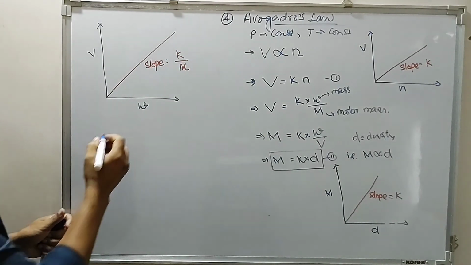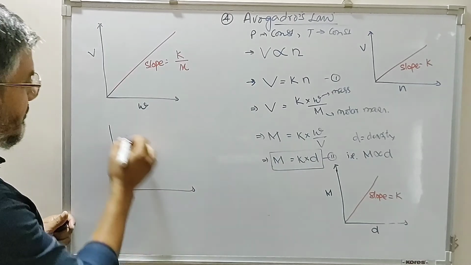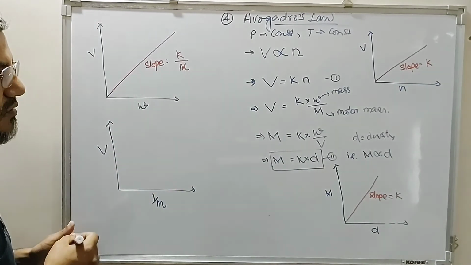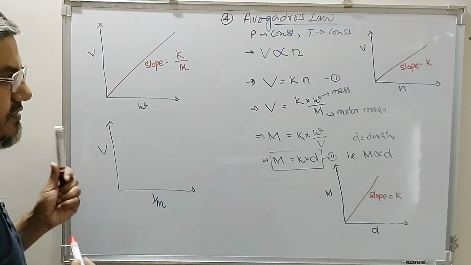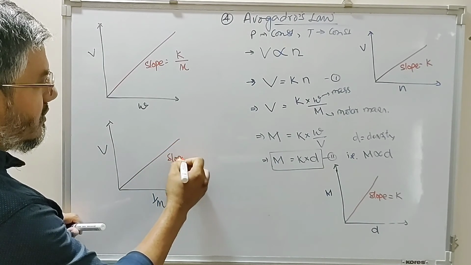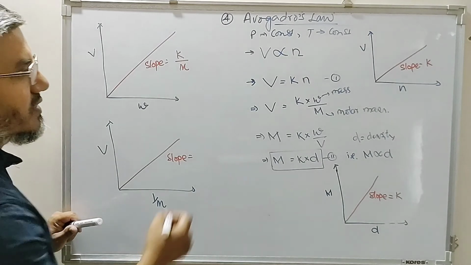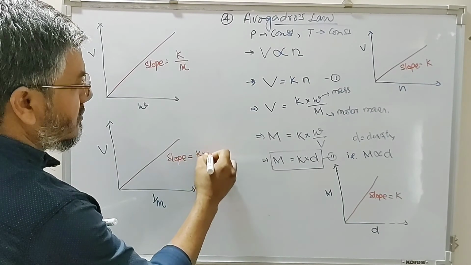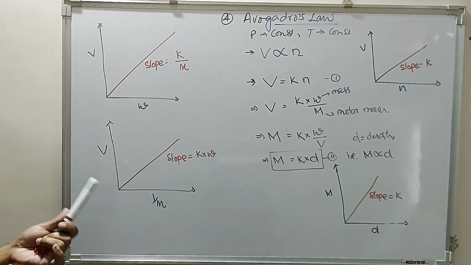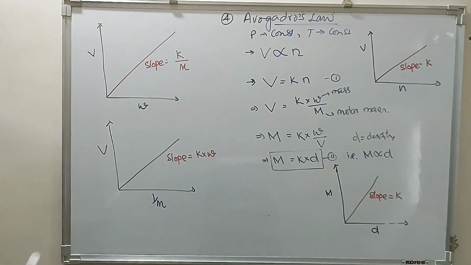Or if we make a graph between volume versus 1 by molecular mass, again this is equation of straight line passing through origin, but the slope will change and the slope becomes K into mass of gas. So this is Avogadro's law.